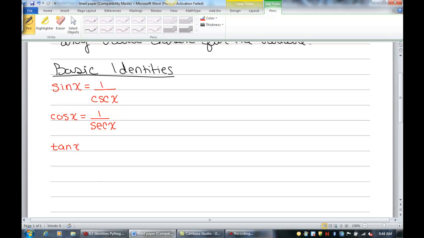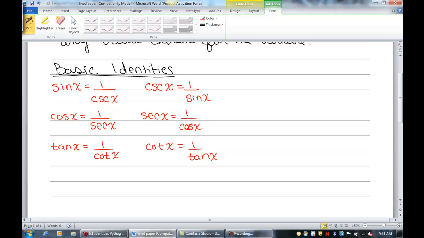And tangent of x is equal to 1 over cotangent of x. And vice versa, cosecant of x is equal to 1 over sine of x. Secant of x is equal to 1 over cosine of x. And cotangent of x is equal to 1 over tangent of x.